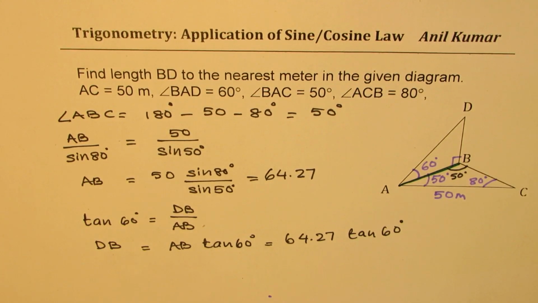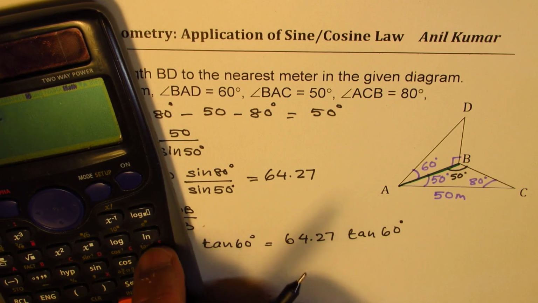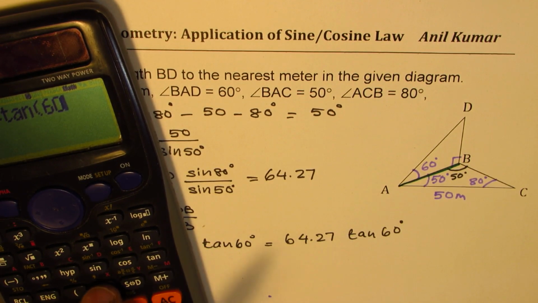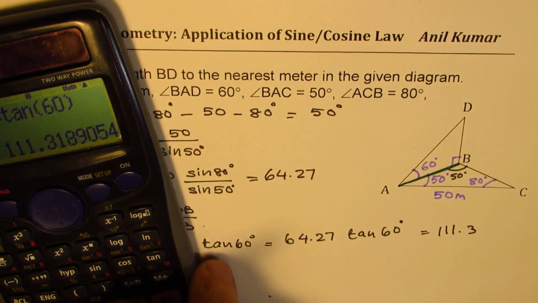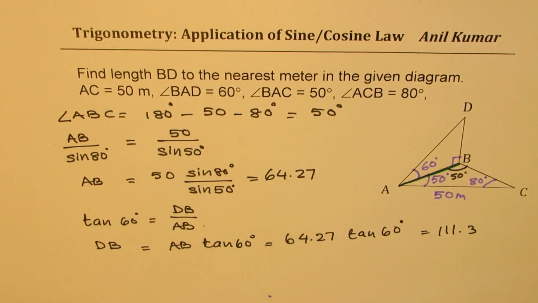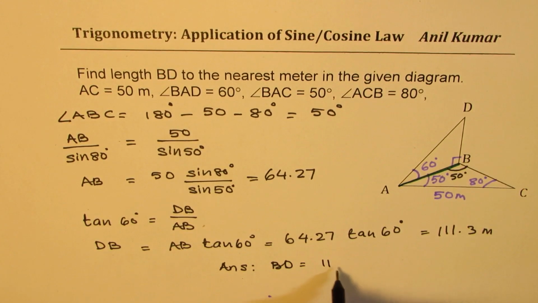Okay. So 64.27 times tan of 60 degrees gives us the answer, which is equal to 111.3, right? To the nearest meter, we can round it to 111, right? So our answer is BD equals 111 meters.